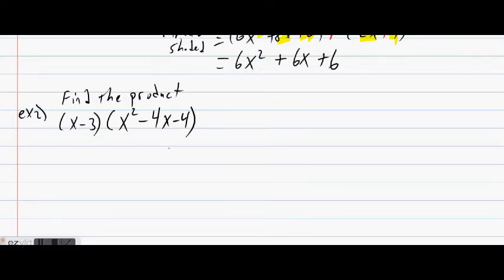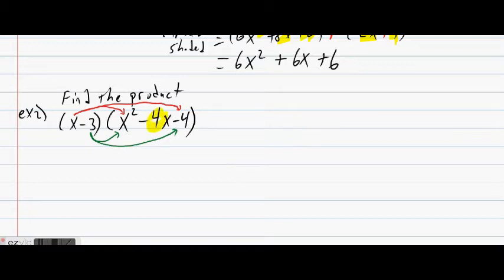Now FOIL's not going to work here, because if you recall, FOIL is first. So I do have first. I do have outer. Then we talked about having the inner terms times the last term.